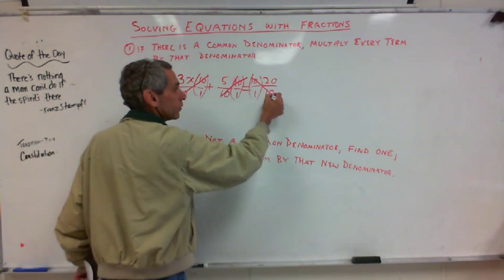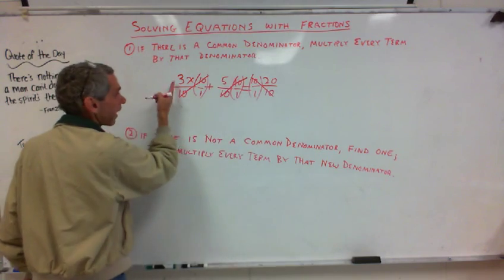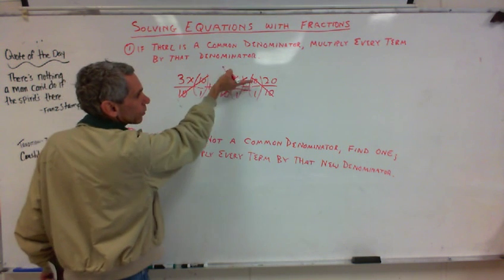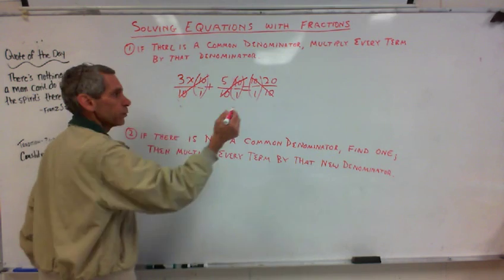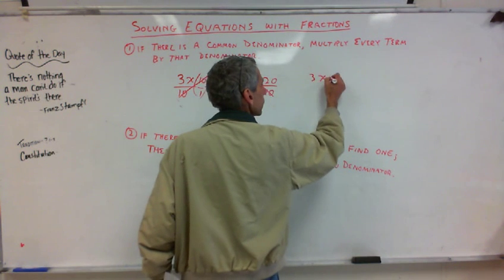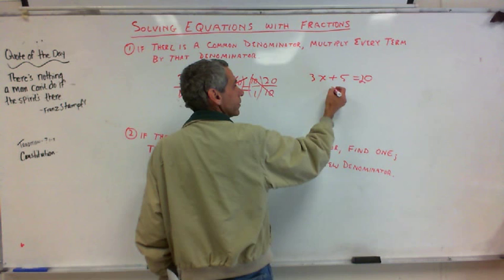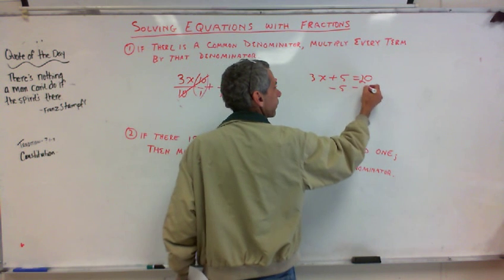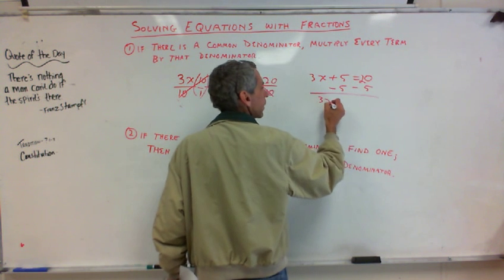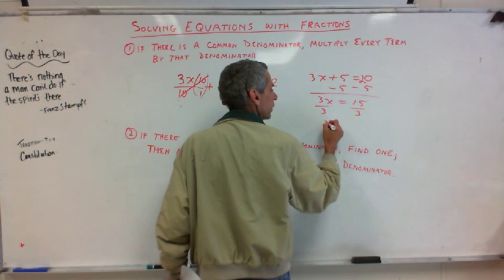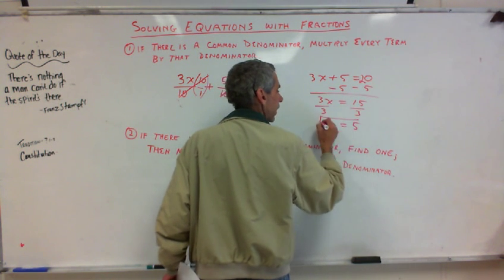So all I have left are my numerators. 3x plus 5 equals 20. That's pretty easy. So I subtract my 5, and I have 3x is equal to 15, divided by 3, divided by 3, x is equal to 5.